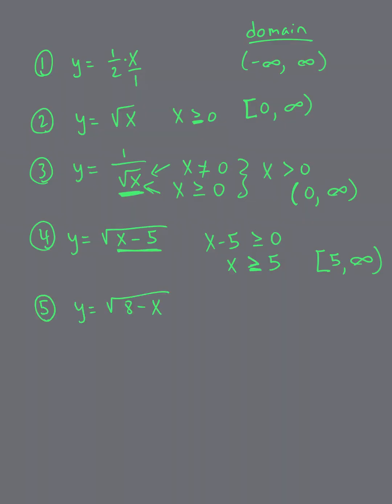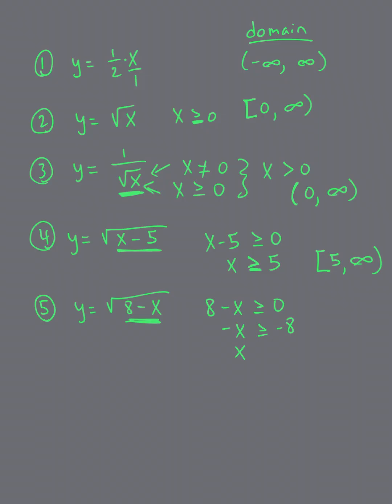The next example is y equals the square root of 8 minus x. This whole thing is under the square root, so we're going to set 8 minus x greater than or equal to 0. That quantity has to be 0 or greater in order to take the square root and get a real number. So we'll subtract 8 from both sides, and then we'll divide both sides by -1.